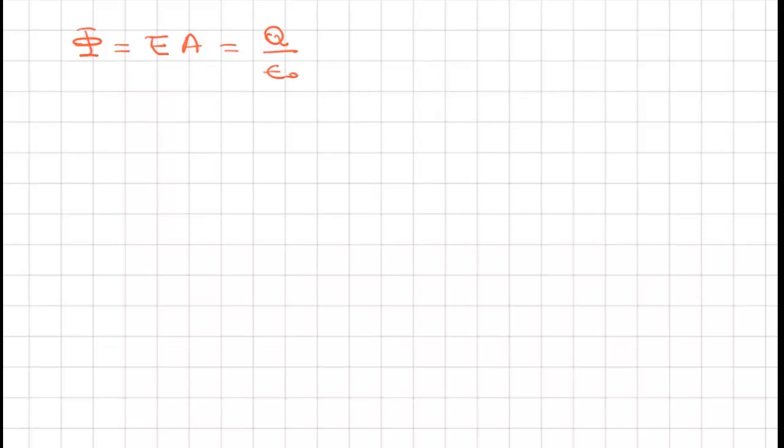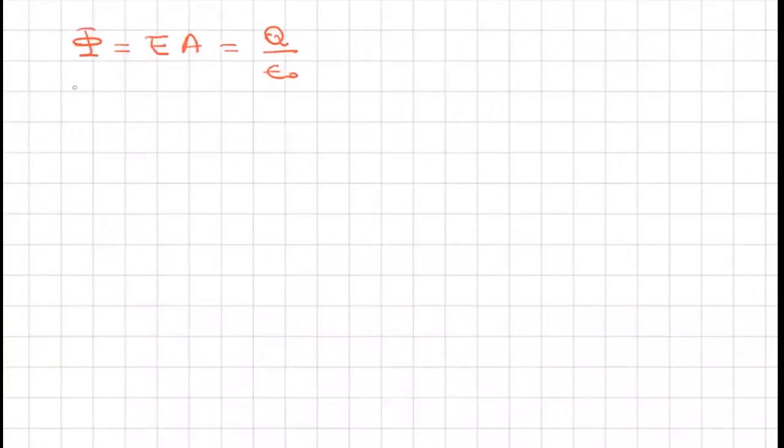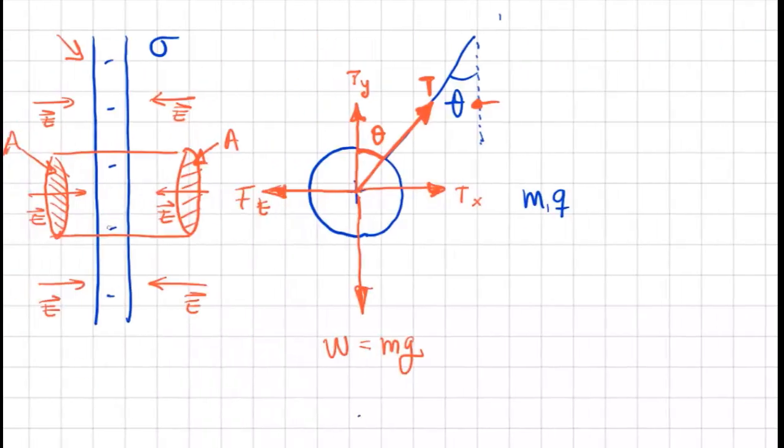In this case, the area is this area that I am marking with these lines. The charge is the charge enclosed by the surface, but we don't know the charge of the plane. We know its surface charge density, so we can work with it.